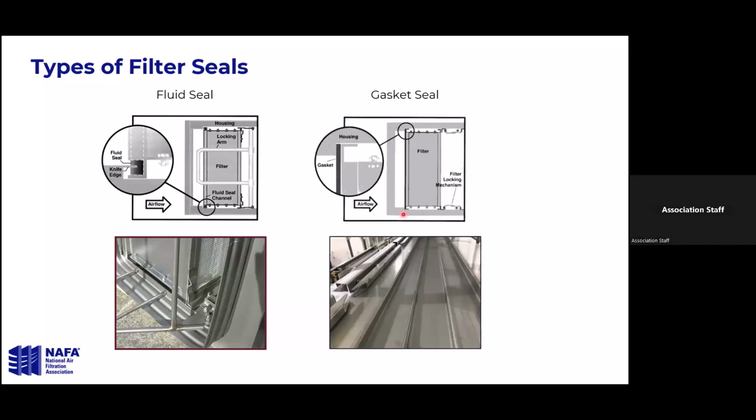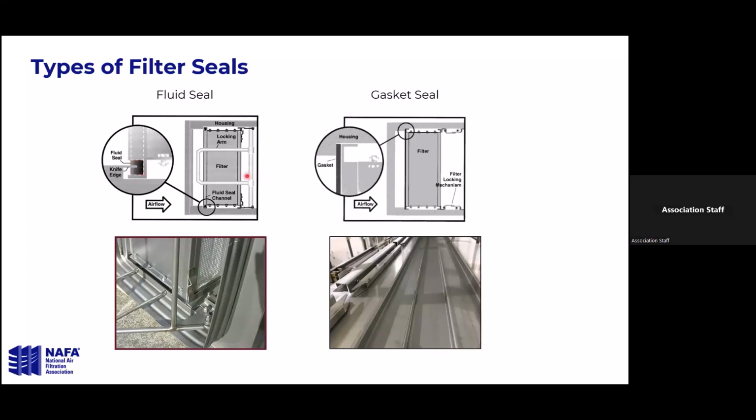So when it comes to filter seals, there's two different filter seals that you'll see with containment housings. One of those is going to be a fluid seal. That's what you'll see here on the left-hand side. That fluid seal utilizes a knife edge in the housing, and then you'll have a trough or a track in that filter that's got a fluid seal gasket.